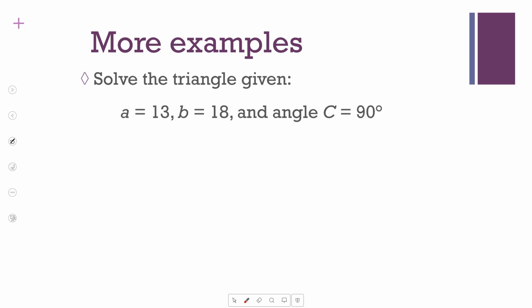Okay, so solve this triangle. Now, when it says solve the triangle, it means when everything is said and done, you have all 6 chunks of information. All 3 sides, all 3 angles. I would start by drawing a picture. And then solve it.